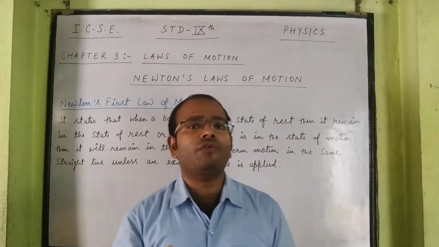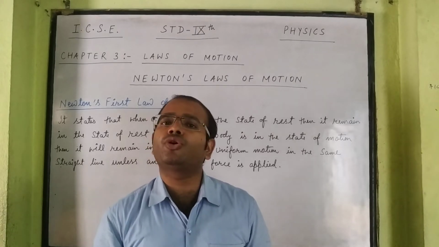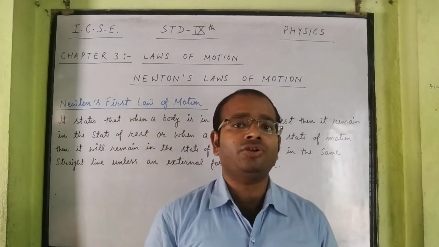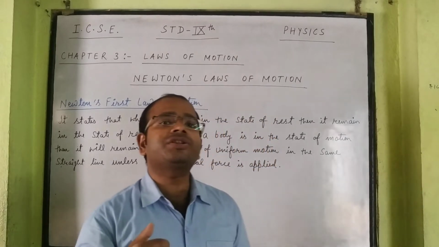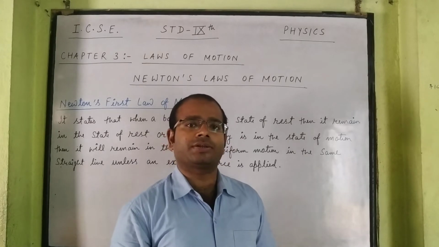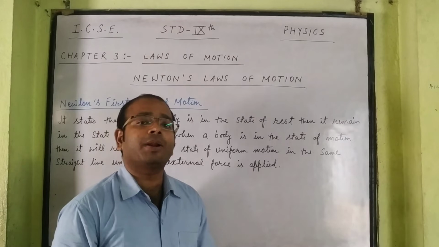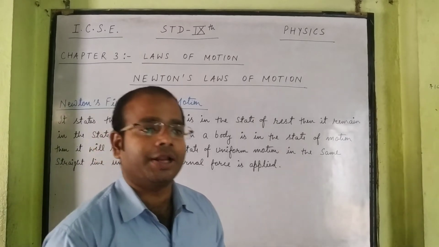In Newton's laws of motion, we explain the cause of motion produced in a body, and the branch of physics in which we study the cause of motion is called dynamics. Newton's laws of motion come under dynamics.